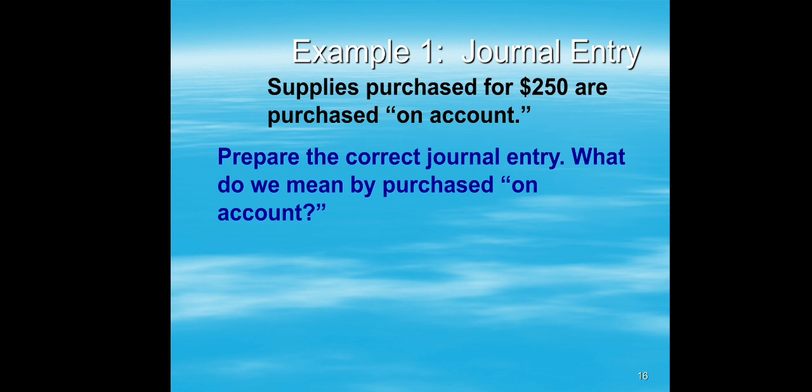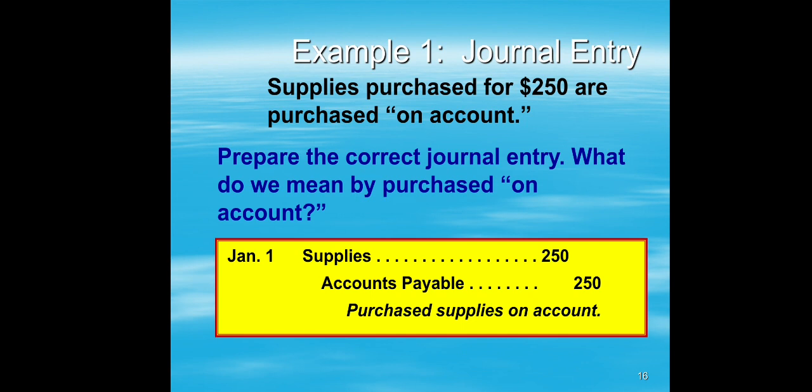Okay, see here. There is a business and there is a transaction. This transaction is like this. Supplies purchased for 250 are purchased on account. So the business purchased $250 supplies, and it is purchased on account.